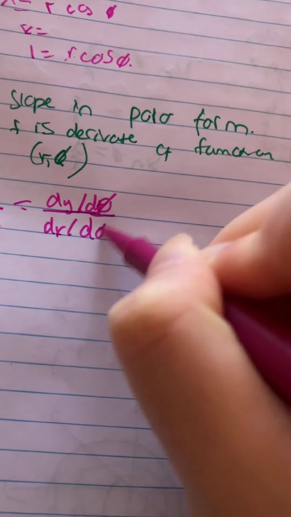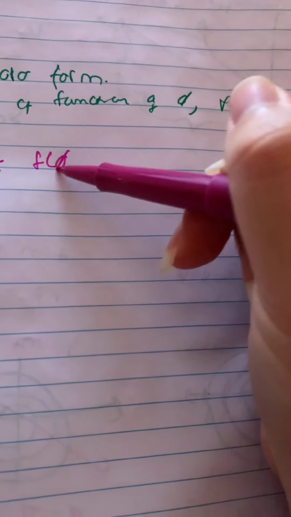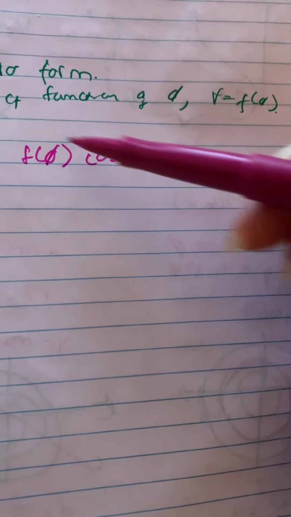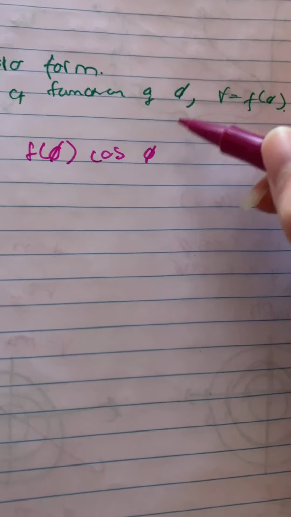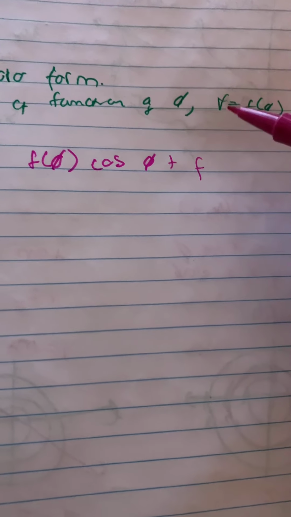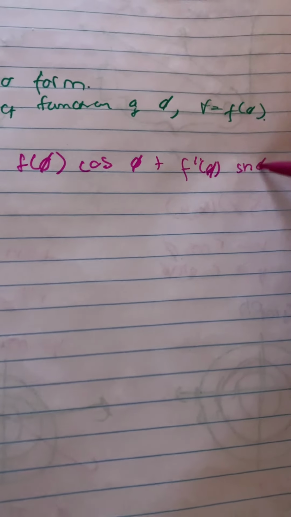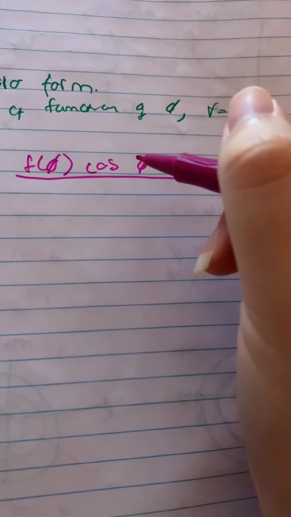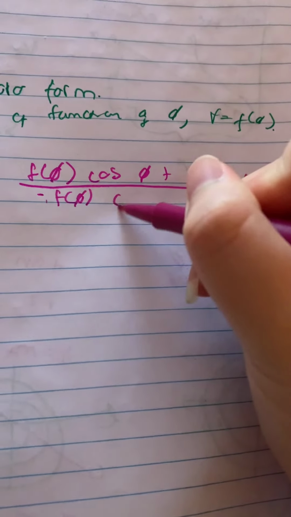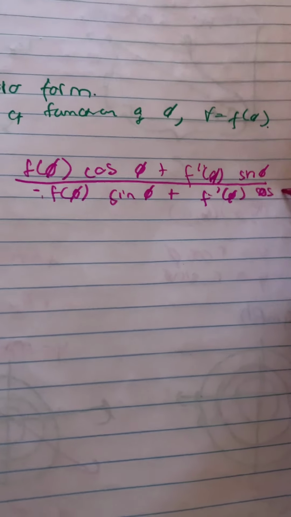The formula for this is f of theta cosine theta plus f prime of theta sine theta, over negative f of theta sine theta plus f prime of theta cosine theta.